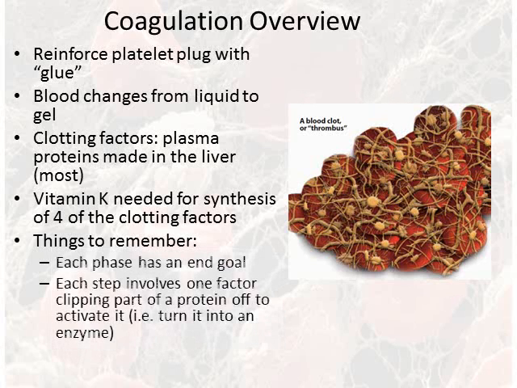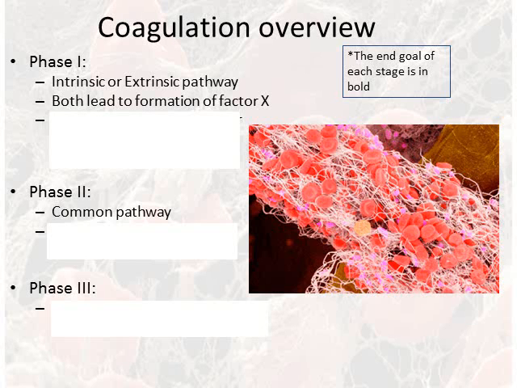So a few things to remember with each step. Each of these phases has an end goal. I want you to know the end goal of each phase. Each step involves one factor, one protein that leads to activating another protein and turning it into an enzyme. Okay, and so those are what you're going to need to know for each step. Okay, so again, another overview.